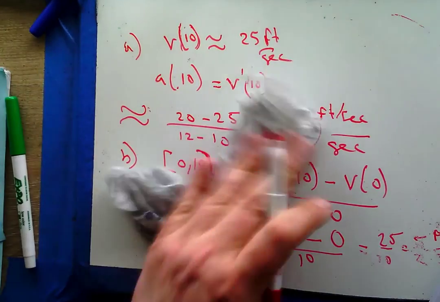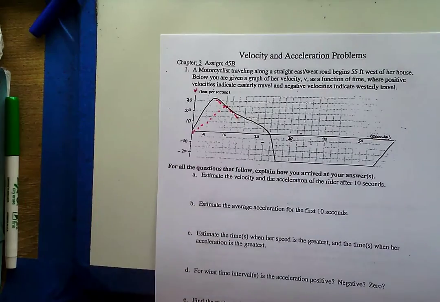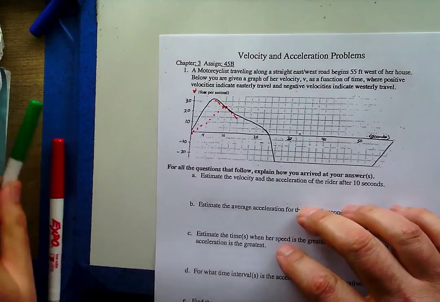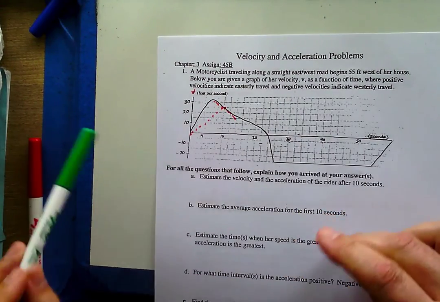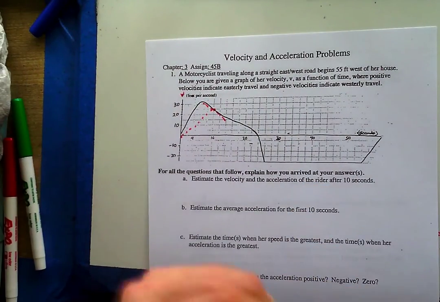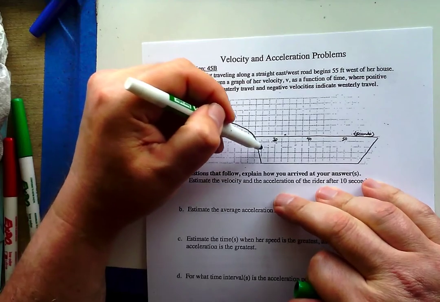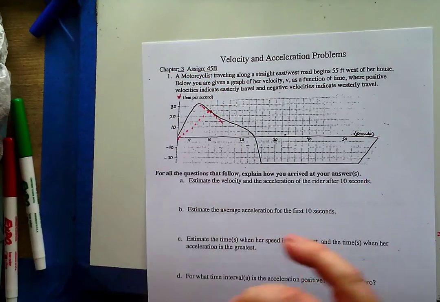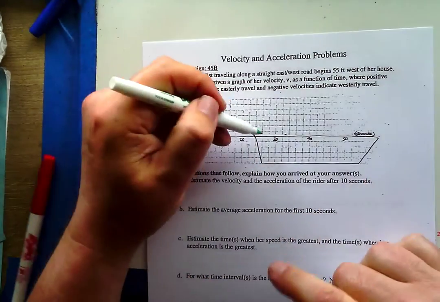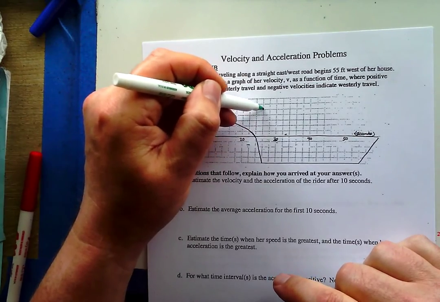Okay. Estimate the times when her speed is greatest. Well, speed, remember, is the absolute value of velocity. So here's my velocity graph, and speed would then look like 1, 2, 3, 4, 5. So let's go up 1, 2, 3, 4, 5.